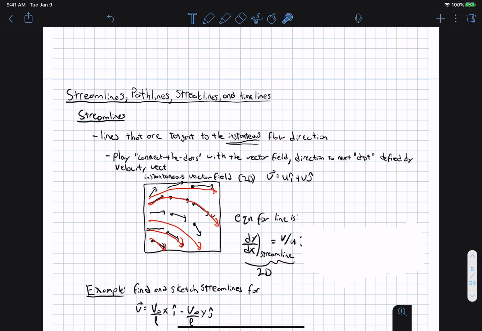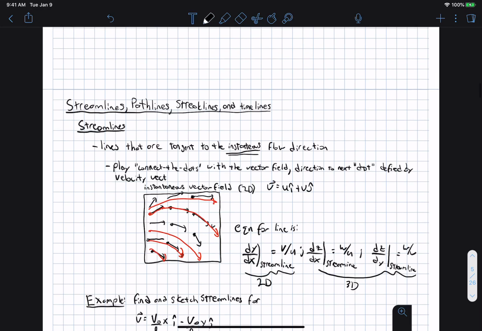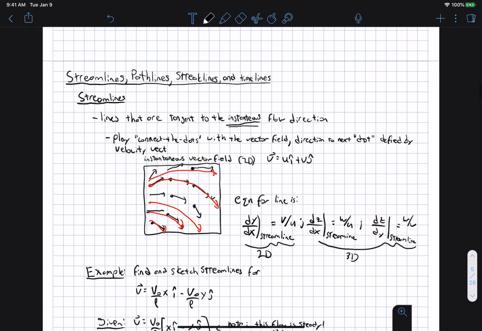If you want to mathematically find the streamlines, this is the equation that you have to solve in 2 dimensions. In 3 dimensions, you have to solve 2 more. That would be for the slope in the z direction, the change of height in the z direction as a function of distance along x, and also along y.